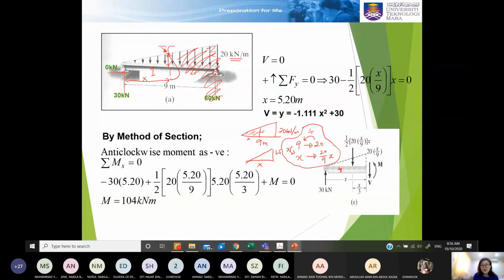If you have this first relation, 9 meter is the length and the height is 20, and now I have another length X, then my height for X will be 20 divided by 9 and multiplied by this X. So the height of this loading is 20X over 9.